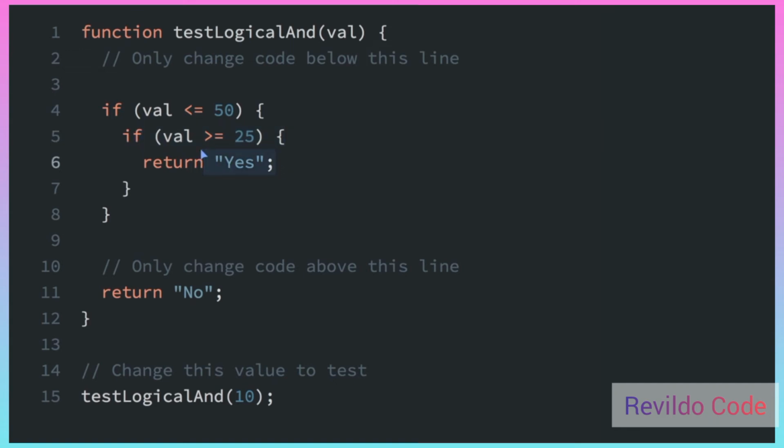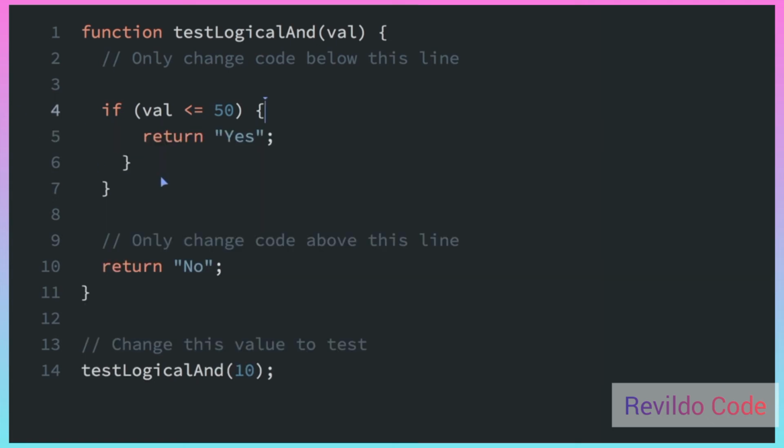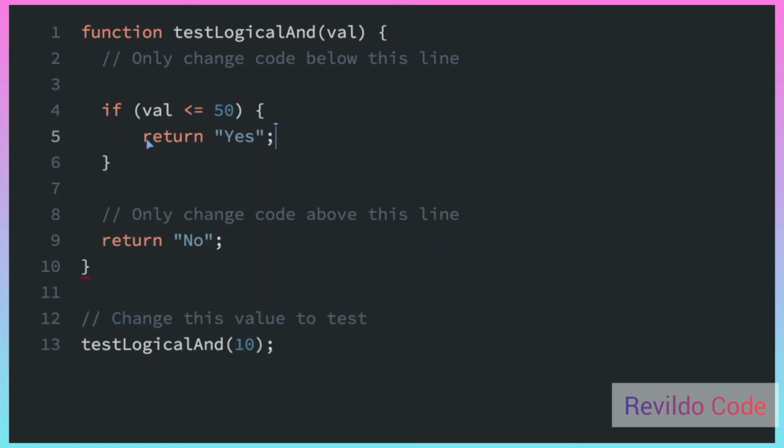But there's an easier way to do this. So what I'm going to do is copy this where it says value is more than or equal to 25. I'm going to delete this nested if statement. So we don't need that if statement. And I'm going to use the AND operator. So we have less than or equal to 50. And if I put two ampersands like this, that means AND.